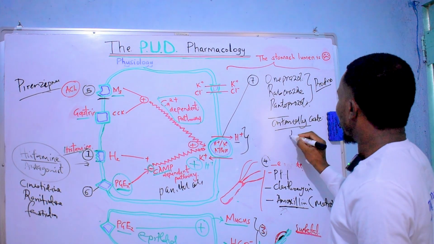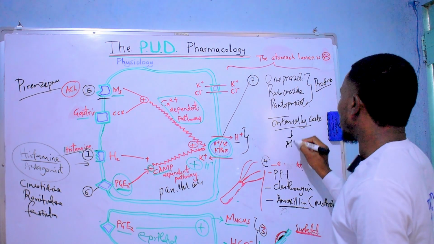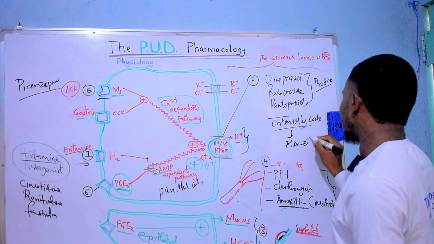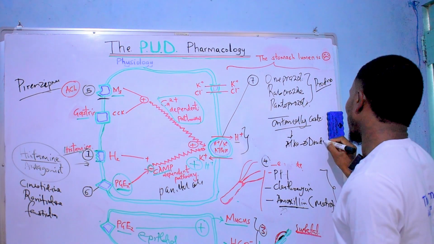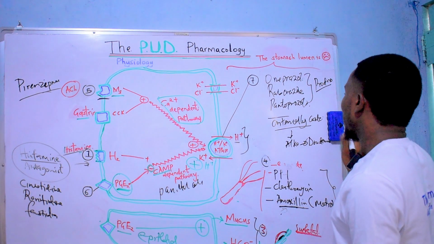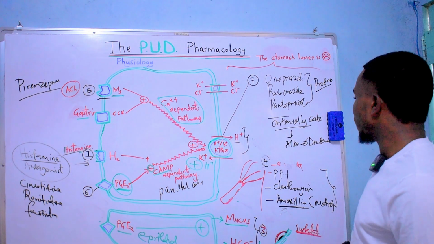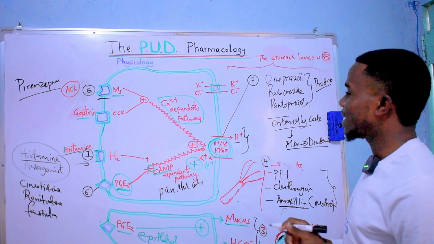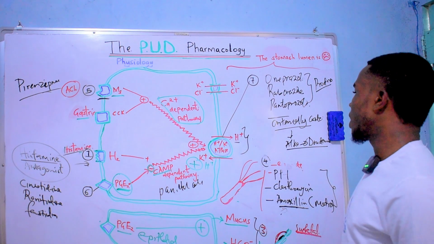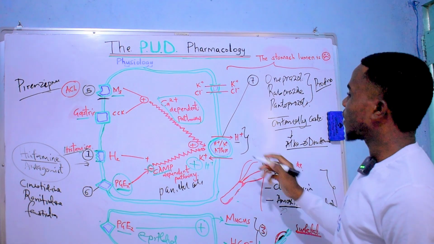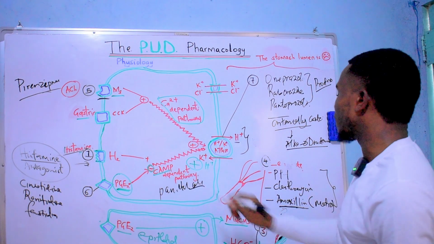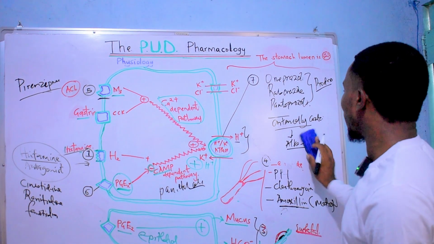So when the drug reaches the alkaline environment in the duodenum, the enteric coat is removed, and the drug is absorbed still as a prodrug, and it is taken by the blood to the parietal cell of the stomach lining.